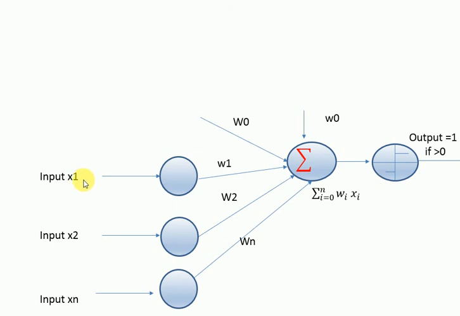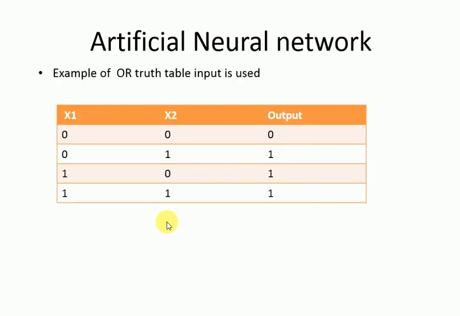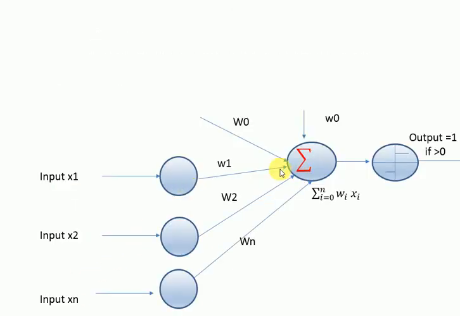The inputs are x1, x2 to xn, and w0 is the threshold, going up to wn, and that is sigma i equals 0 to n of wi and xi, where w0 is the threshold, and this is the output. If it is greater than 0, then the output is 1.